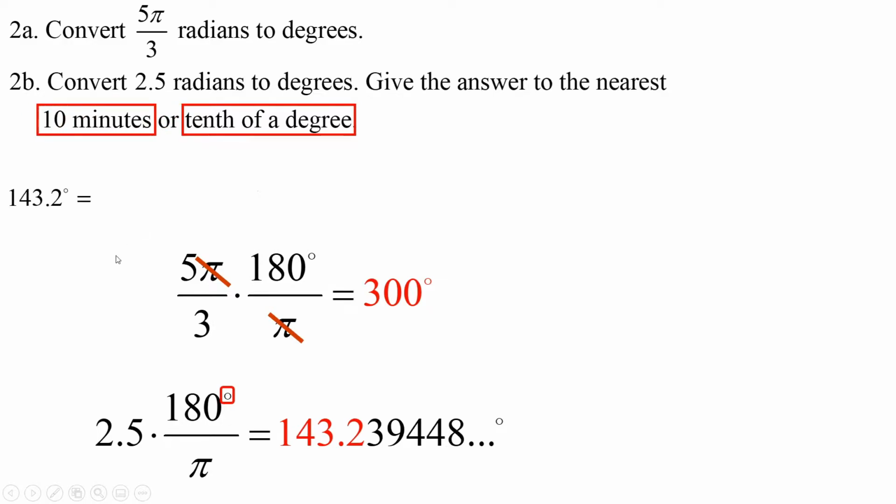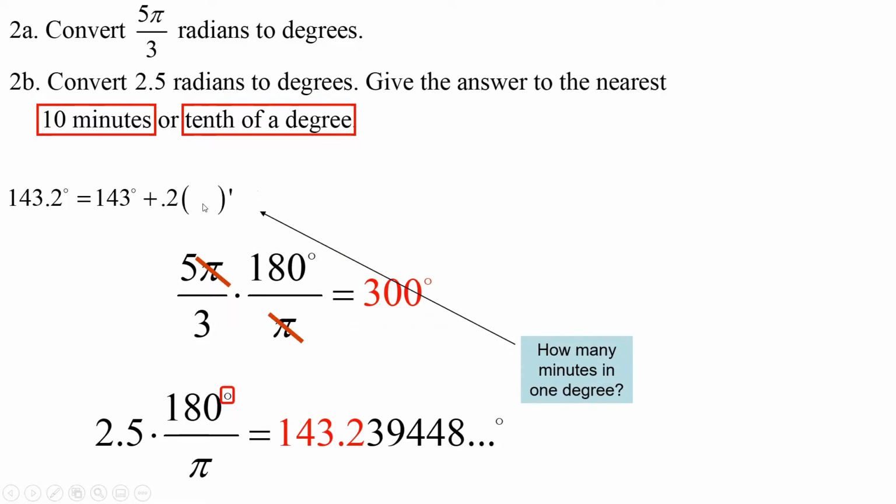So to the nearest 10 minutes, well, 143.2 degrees would be 143 degrees plus 0.2 of 1 degree, and how many minutes are in 1 degree? That would be 60 minutes. Now let's simplify that.